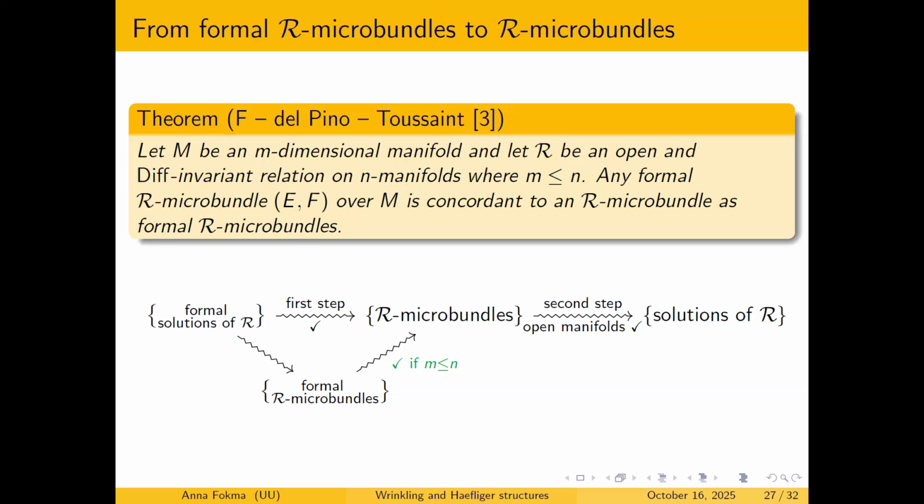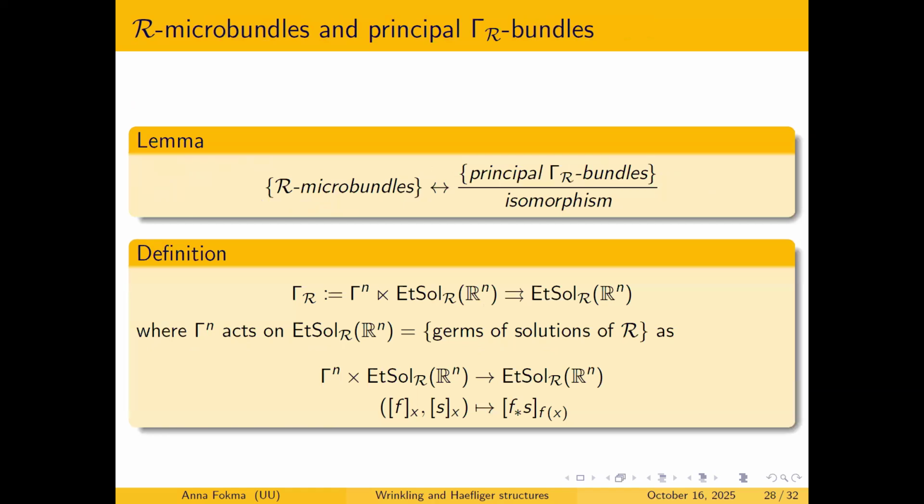But there is a more elegant way of phrasing this theorem, which is what I want to end with. So recall that we had this result by Haefliger that there was a one-to-one correspondence between foliated microbundles and principal groupoid bundles, or actually isomorphism classes of.